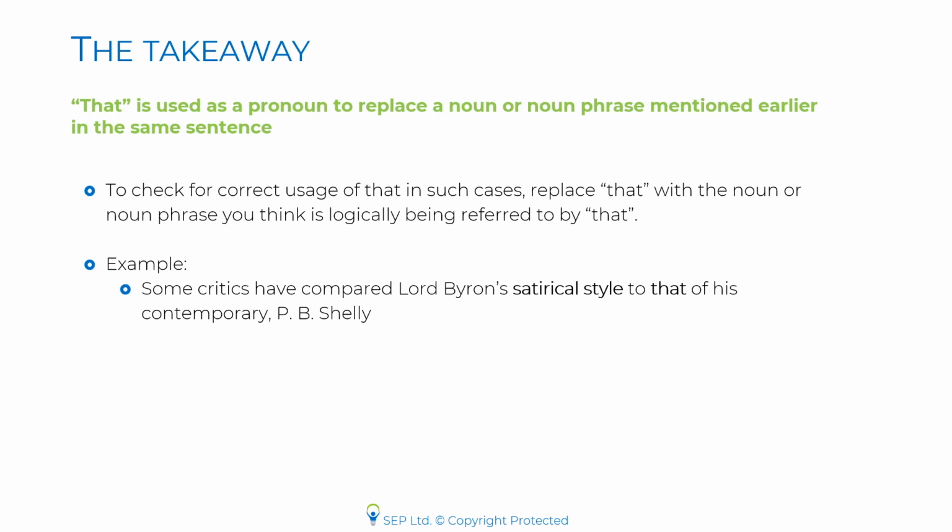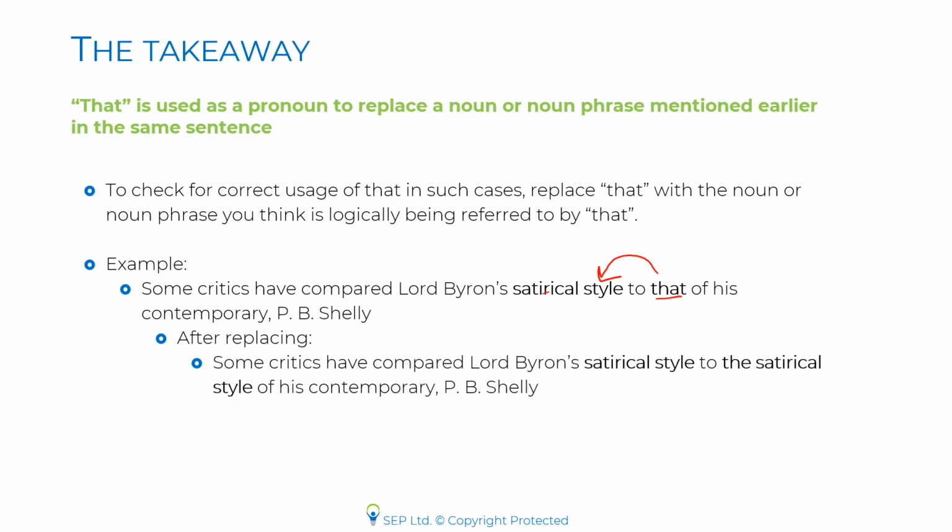Now here this "that" is referring to what? The only noun phrase I have is "satirical style." Let us see if this makes sense. When you replace it, you have, "Some critics have compared Lord Byron's satirical style to the satirical style of his contemporary P.B. Shelley," and this is totally fine. Therefore, this is correct. So "that" is used as a pronoun to completely replace a noun or a noun phrase.